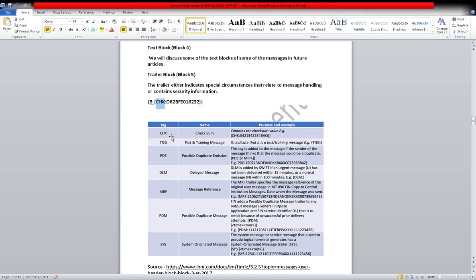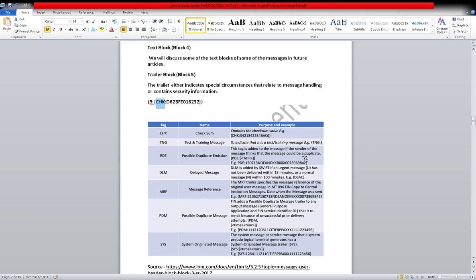Normally, whenever I see any message, it contains CHK, the checksum. If you ask me what a checksum is, it is a random value generated by a system and assigned to that particular payment. As for the detailed significance of the checksum, I am not aware, but this CHK is always there for a particular MT103 message.